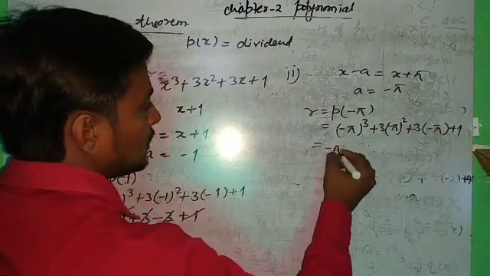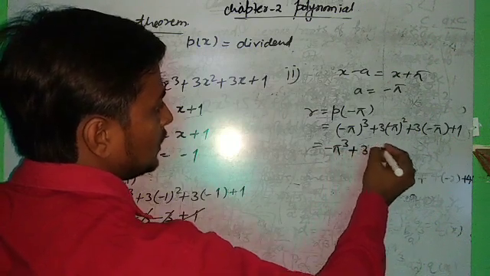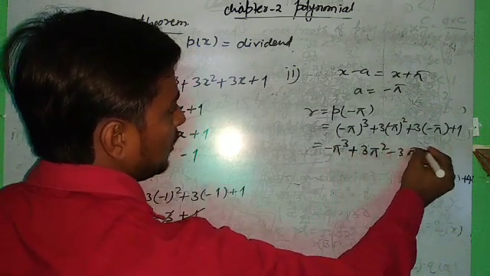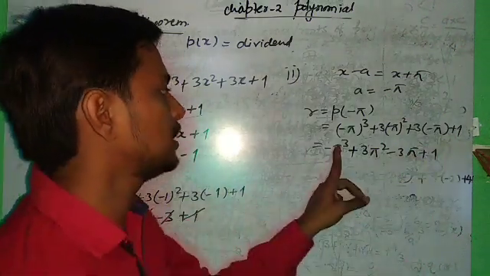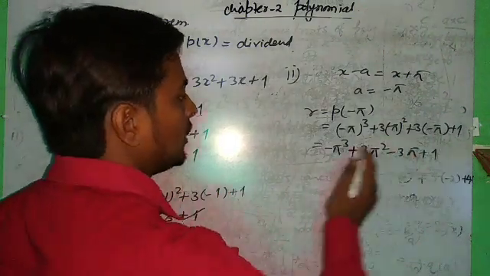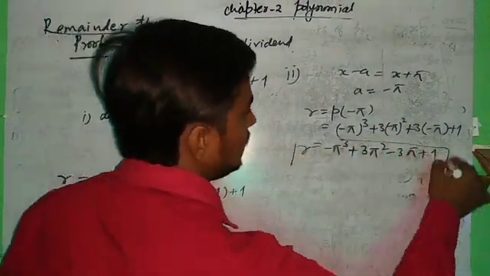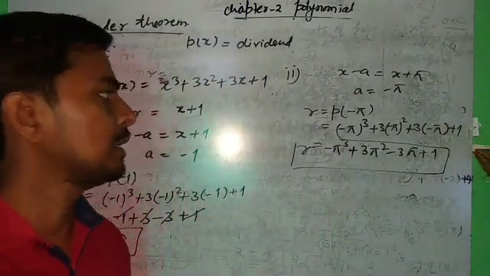This will be minus pi cube plus 3 pi square minus 3 pi plus 1. Now these are powers 3, 2, 1, 0, all unlike terms, so leave as it is. This will be the remainder, we cannot solve it further.